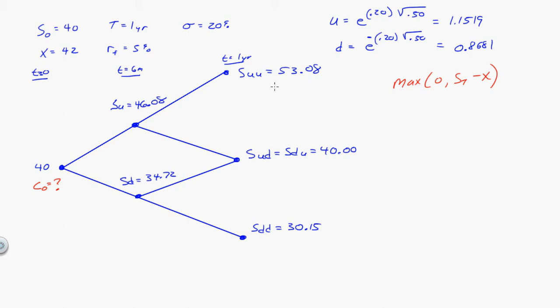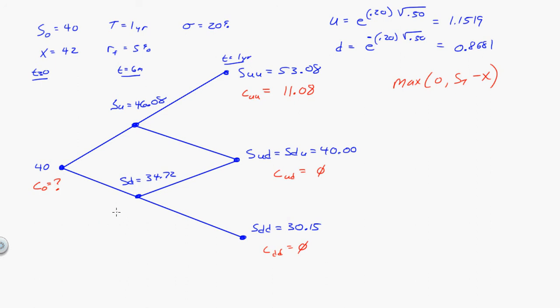So if the stock price went up and up, C subscript UU, the value of the call would be $11.08. If it went up and down, the value of the call would be 0. And if it went down and down, the value of the call would be 0.